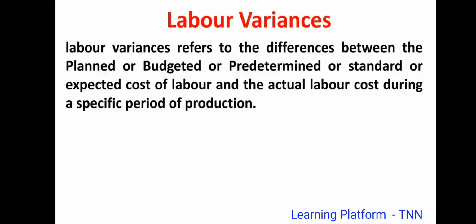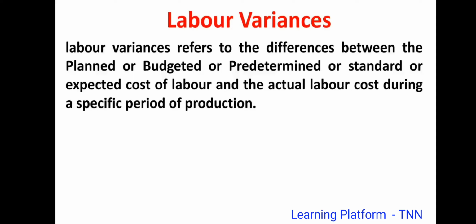For every expenditure in a business, the management prepares a certain plan or budgeted cost. So regarding labor also, the management will prepare a labor budget or labor cost for a specific period of production. This planned cost will be compared with the actual cost during the specific period of production.